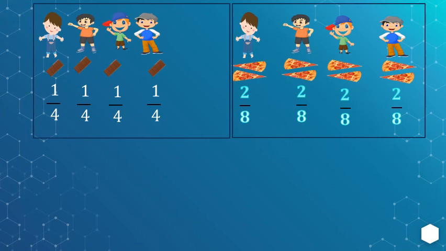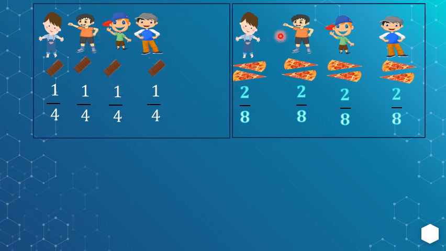We have divided the 4 pieces of chocolate among 4 children, and when we divide the 1 part of the chocolate among 4 children, each child gets 1/4 chocolate. 1 by 4, 1/4 of the chocolate is given to one child.